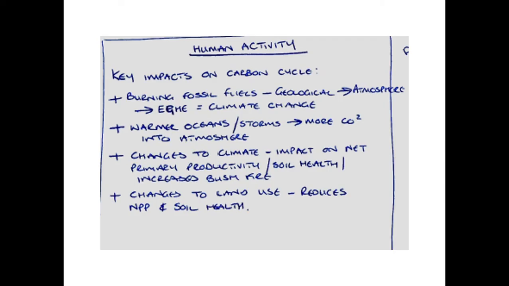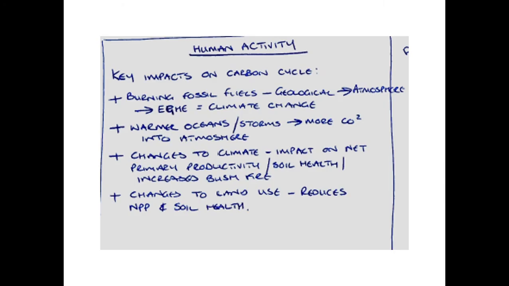This climate change, as we've already said, leads to warmer oceans and more storms, which again can lead to more CO2 in the atmosphere. These changes to climate can also have an impact on the net primary productivity and soil health. This could lead to the degradation of ecosystems, which are a major sequester of the carbon, and this, along with the increased bushfires and combustion of plant life, will also see a greater level of carbon into the atmosphere.